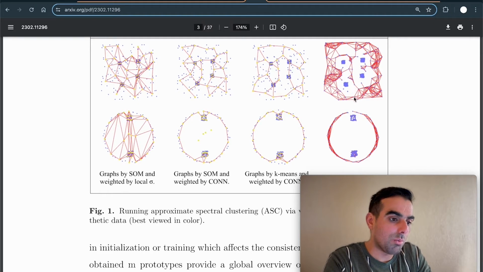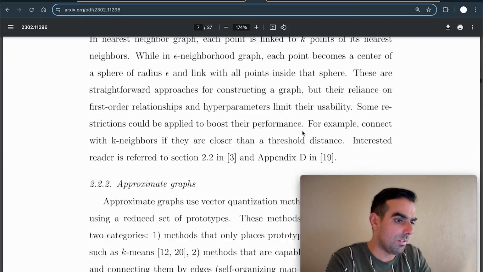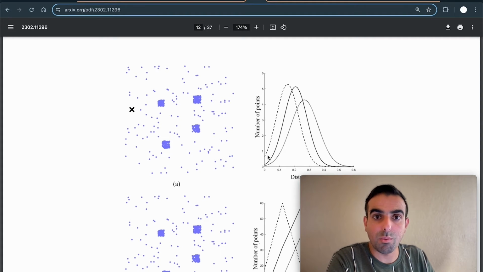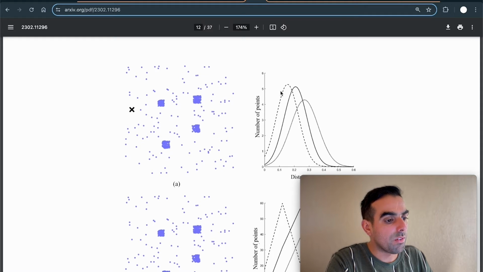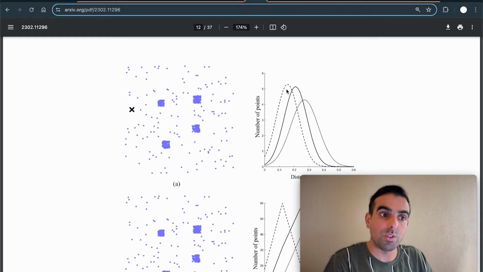So how did we get this clean graph? For example, for this point, we start with seven neighbors. We compute the mean and standard deviation. Then we start adding more neighbors. If the mean stays within the standard deviation range, it didn't exceed the standard deviation, this means we can keep adding more neighbors.